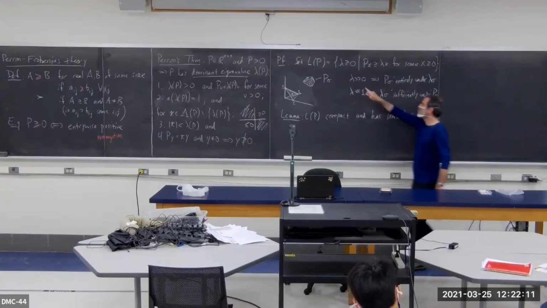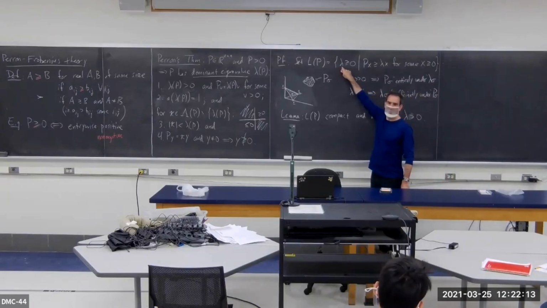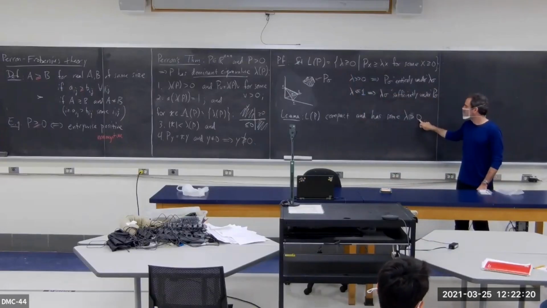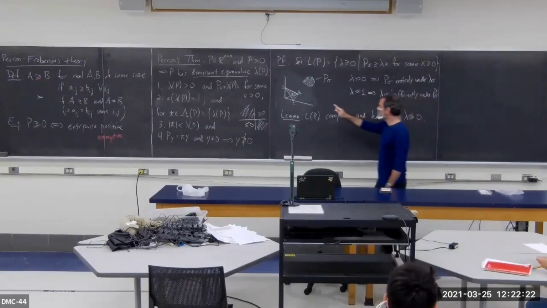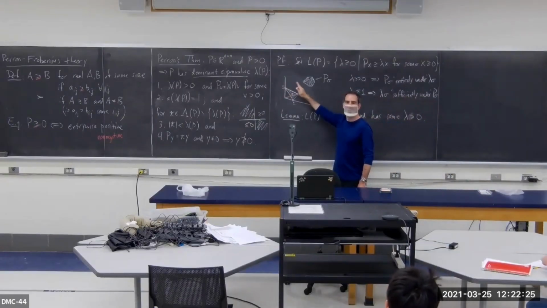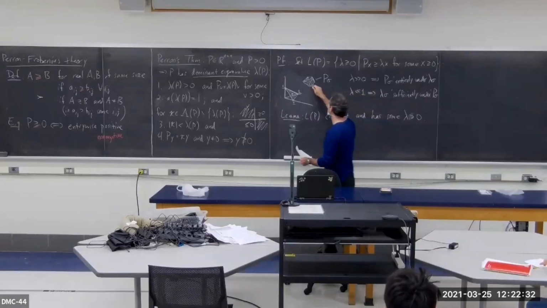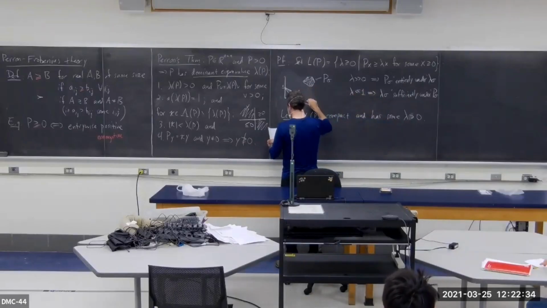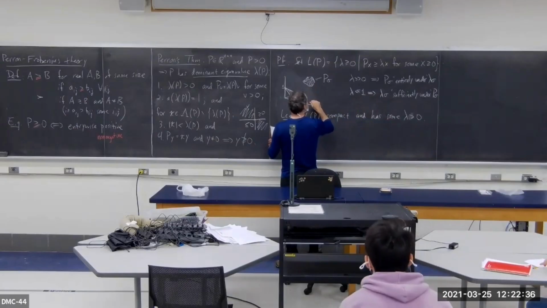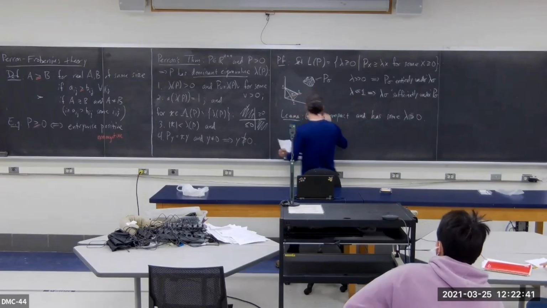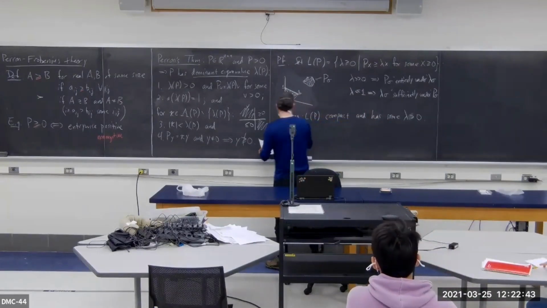So it's already by definition consisting of real numbers that are bigger than or equal to 0, and I'm saying that there is actually some non-zero positive number in there. So what that's saying is that some scalar multiple of this guy is going to have some vector that, so let's see, now I want lambda x to be less than or equal to Px. Well, okay, I'll draw another picture for that in a second. Let's just start the proof of this lemma.